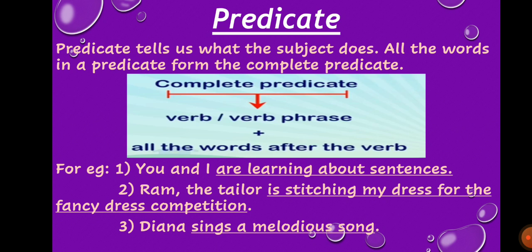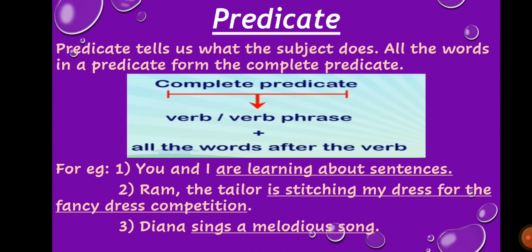Now the third sentence we can see. Dinah sings a melodious song. Here we can see that sings is a verb. That is, Dinah is performing the action sing. So sings is a verb, and predicate means a verb plus all the words after the verb. Sings a melodious song. So sings a melodious song is called as a predicate. So students understood what is predicate.